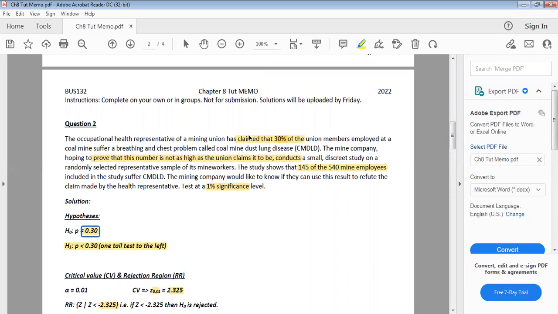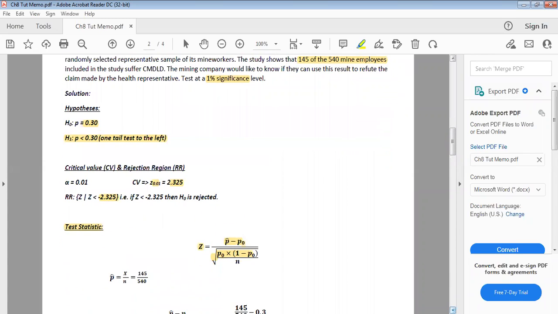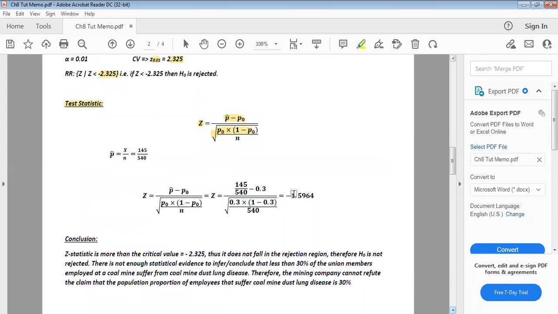No, it's actually what he's claiming to be. So he claimed 30%, which is 0.3. Okay, so take note of that mistake. So our proportion here is 145 over 540 minus P0, where P0 is our claimed proportion. Then you substitute, n is 540, and you find this number.